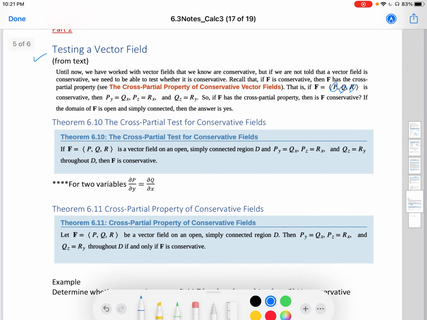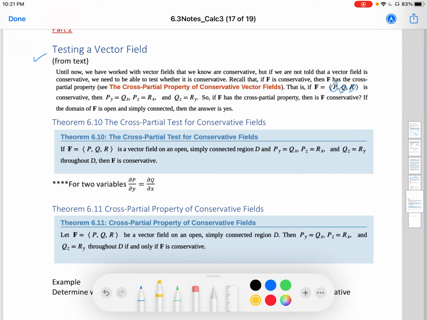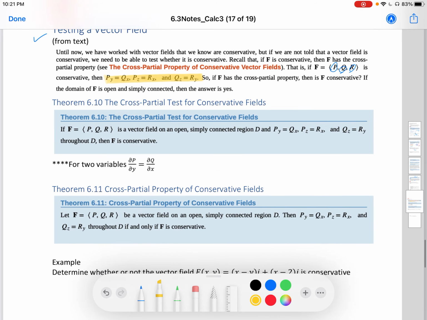Now this section is very notation heavy. Don't let this notation throw you off. So we have a vector valued function F of x, y, z.